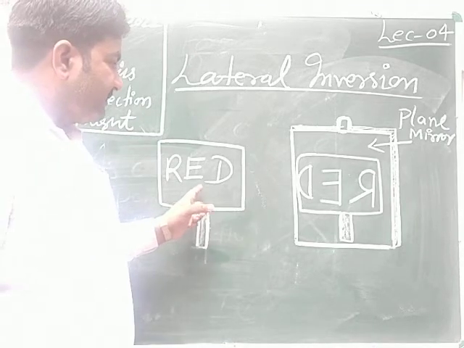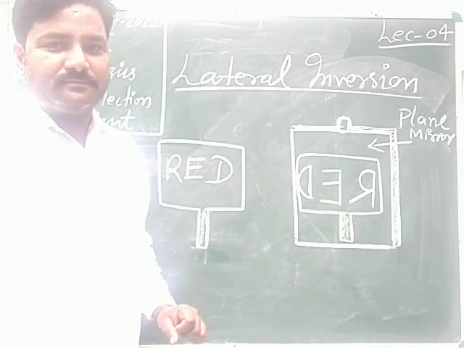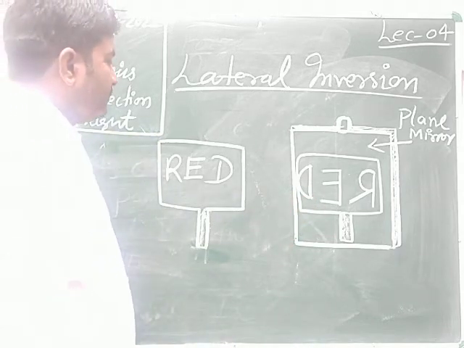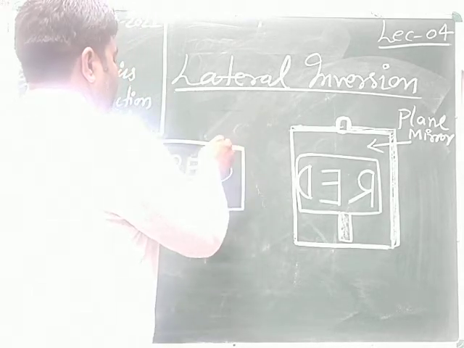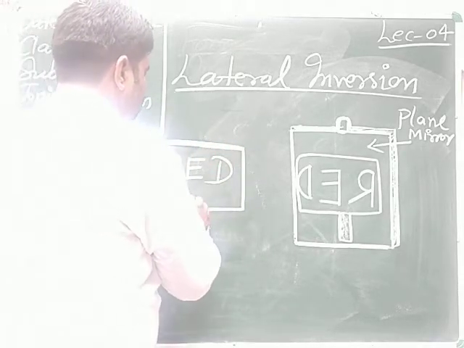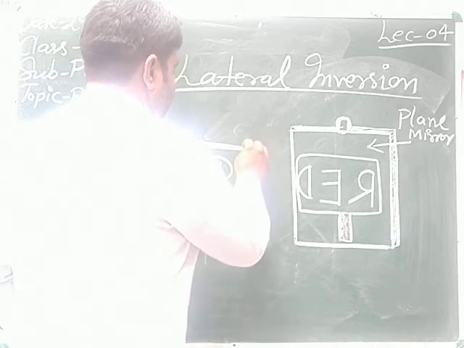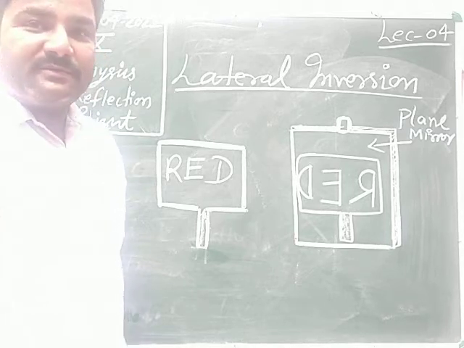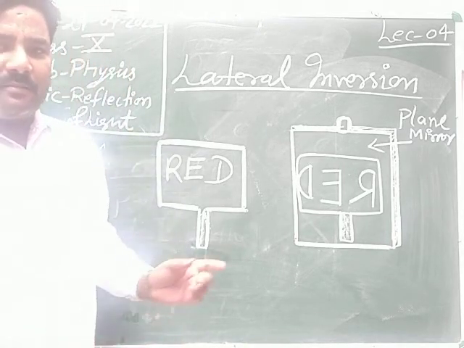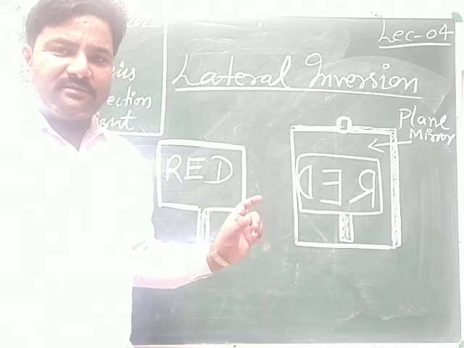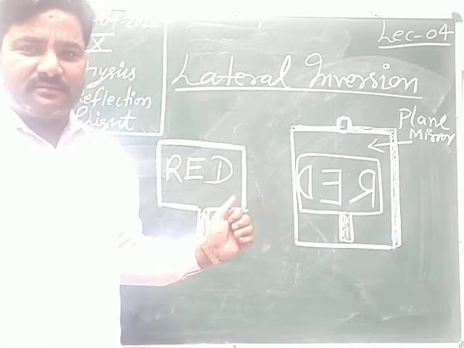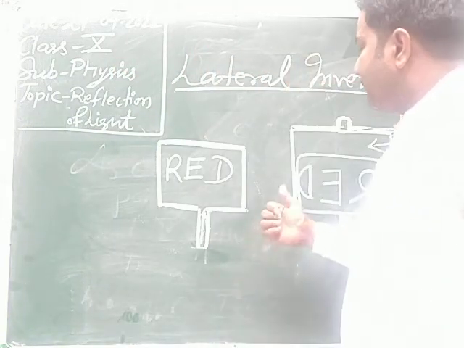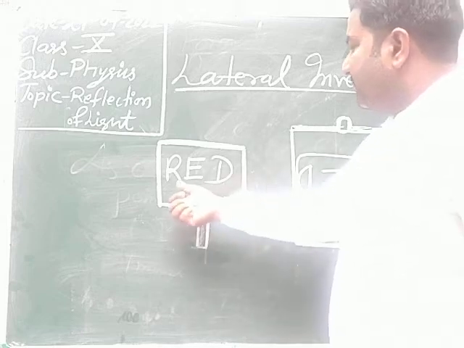This is the object and this is the image in the mirror. And how is this formed? Due to reflection. Clear? Let's listen again. When the left side of an object becomes the right side in the image, and the right side of an object becomes the left side, the right side becomes left and the left side becomes right.